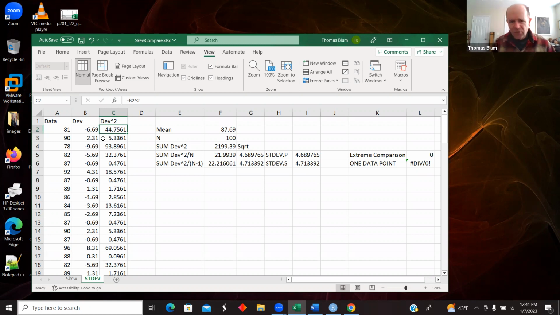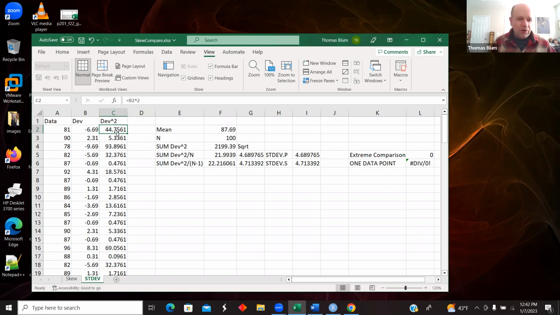We're going to undo that later with a square root, which will come at the end. So we are now squaring the deviations, B2^2.